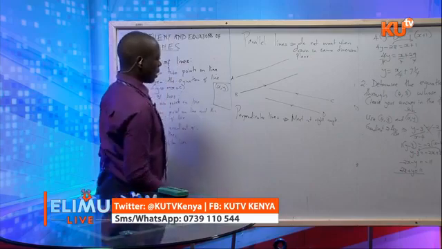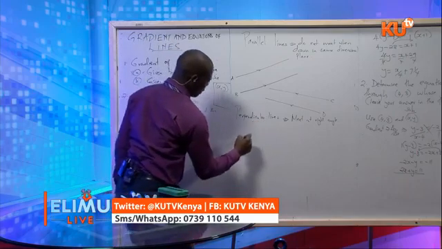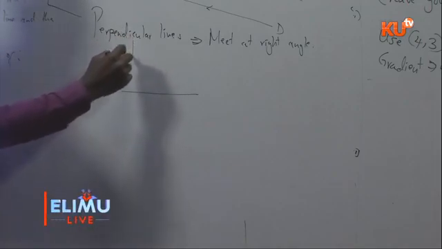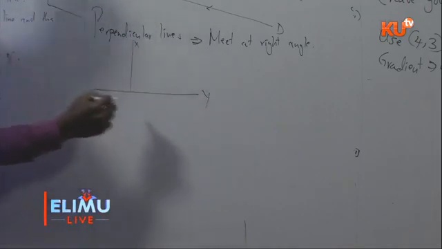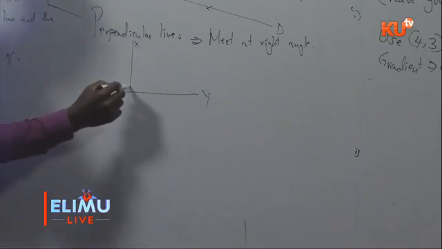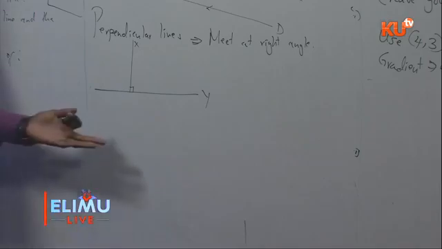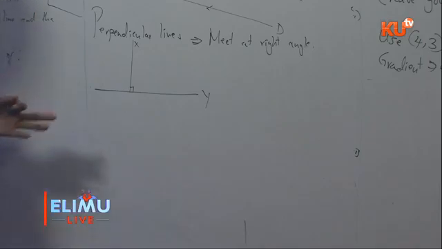Perpendicular lines meet at right angle. So if I have this line and another line here, this is my line X, this is my line Y. X and Y meeting at 90 degrees. Then these lines are perpendicular.